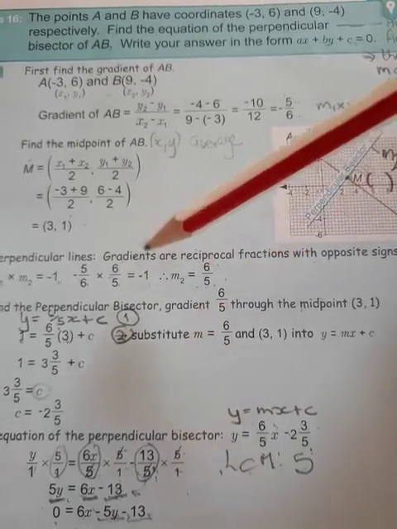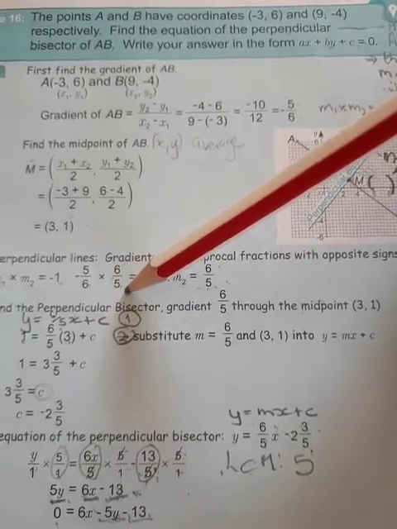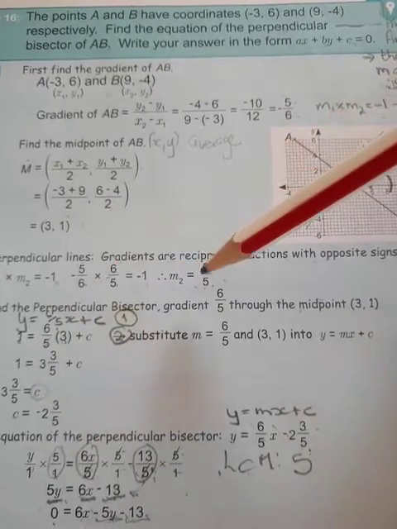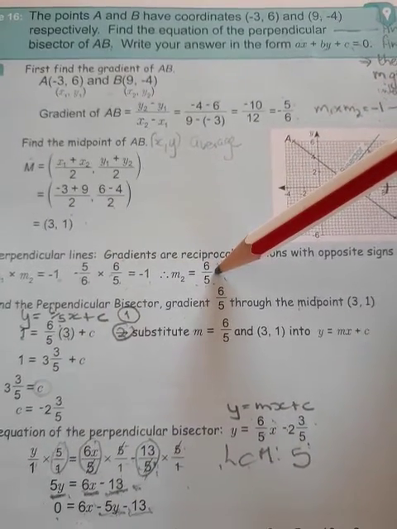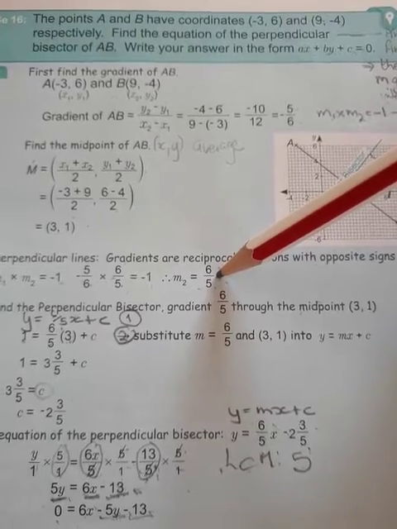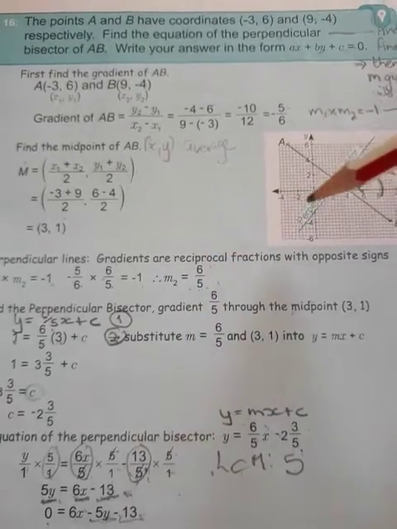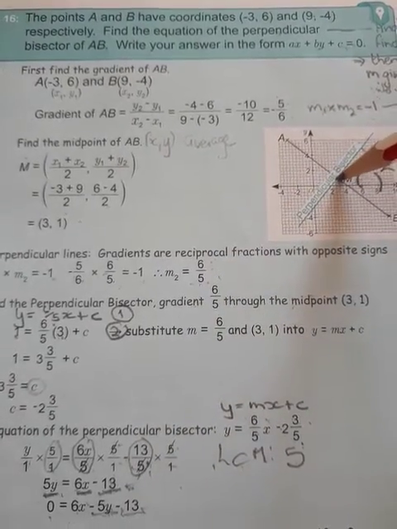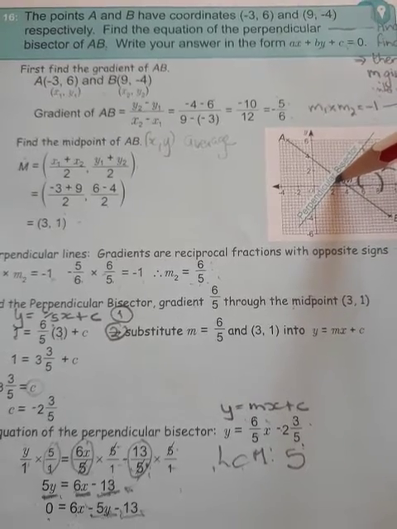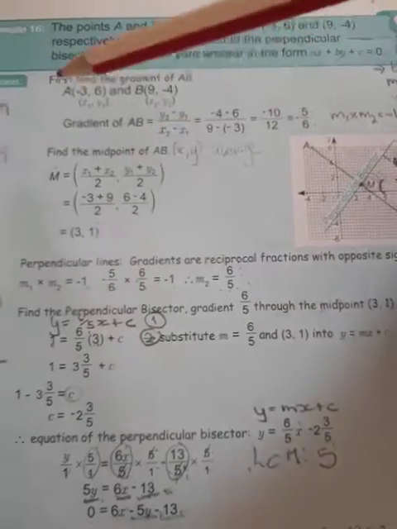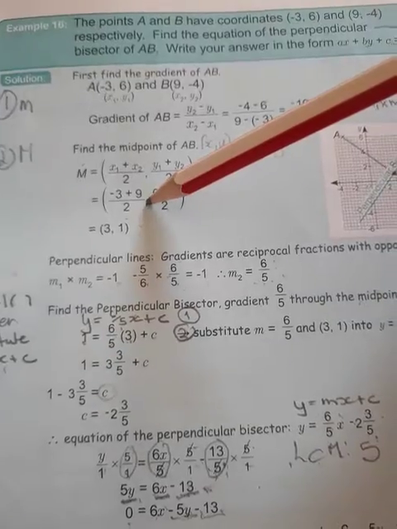So it needs to be reversed around and it must be the opposite sign. With that, we find the gradient for the perpendicular bisector. Then we also realize that the bisector always crosses the midpoint. So the second part here is to calculate the midpoint.